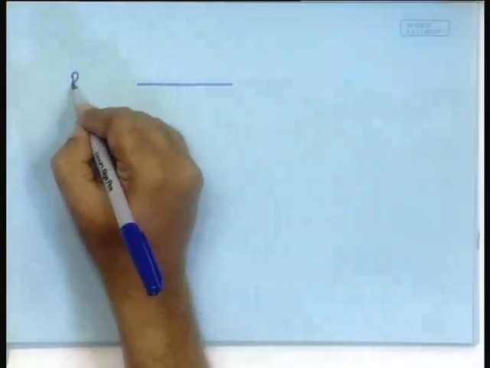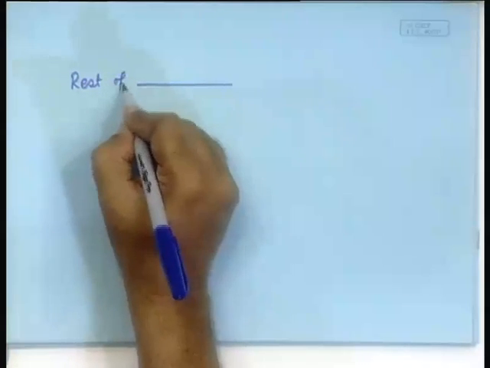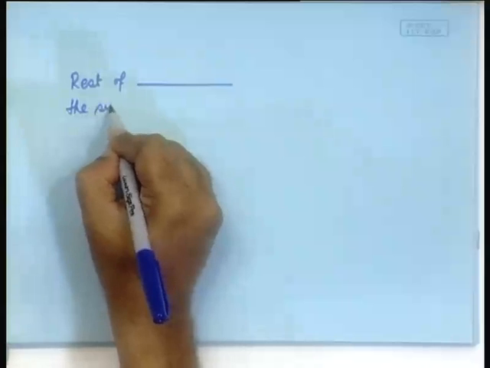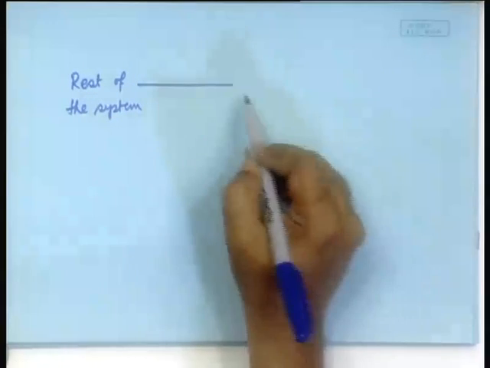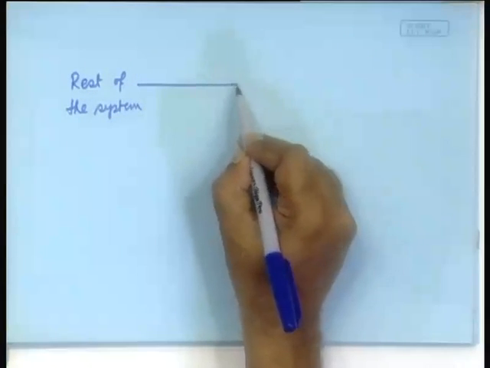But then it is clear that wherever we are observing something, it will have to be done by means of a bond. See, suppose there is a bond like this, connected to the rest of the system, say the rest of the system. And here this bond is connected to some observer.